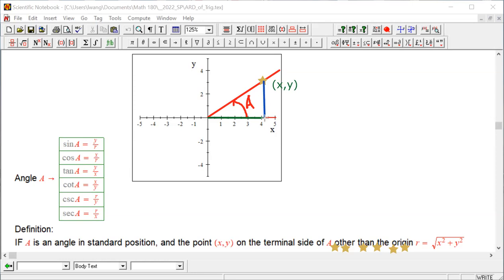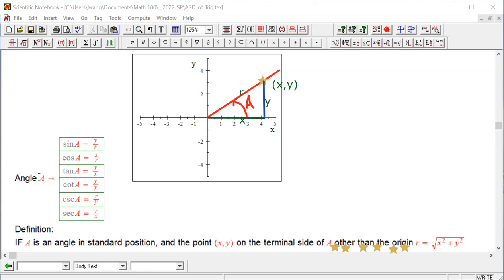So this is x, this is y, and by the Pythagorean theorem, we can find the hypotenuse. This hypotenuse is called r. So r, and this is x, and that is y.